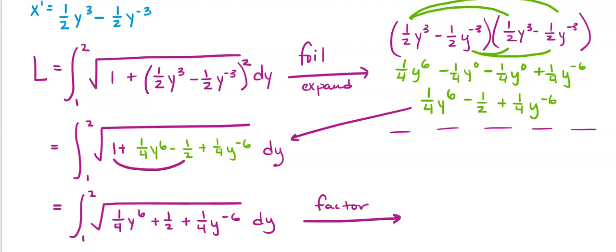This looks like a perfect square trinomial to me. It looks like it's in the form a squared plus 2ab plus b squared.